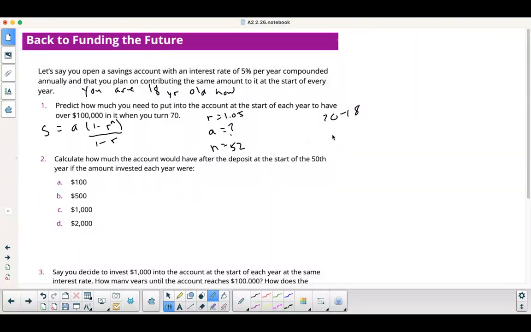I'm going to just start out with $500. If I plugged in 500 times 1 minus 1.05 to the 52 power divided by 1 minus 1.05, let's just see what that gets, and we'll try to figure it out from there.